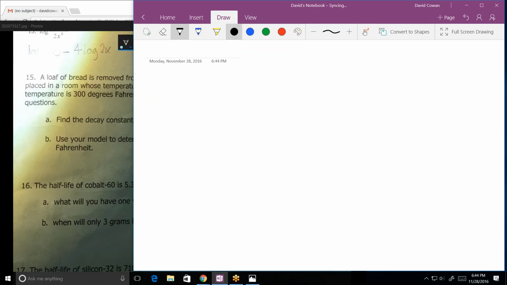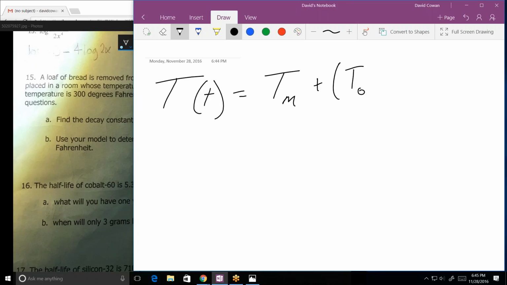The temperature, and this Newton's law of cooling is confusing because there's so many T's, is equal to the temperature T sub M, the temperature of the surrounding medium, plus T sub O, which is the initial temperature of the object, minus T sub M, all times e to the negative kt.